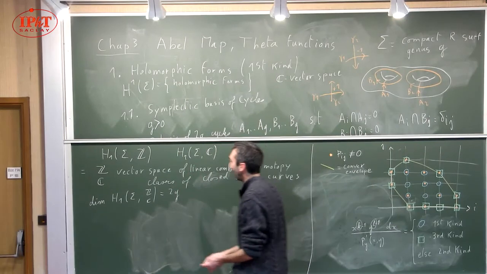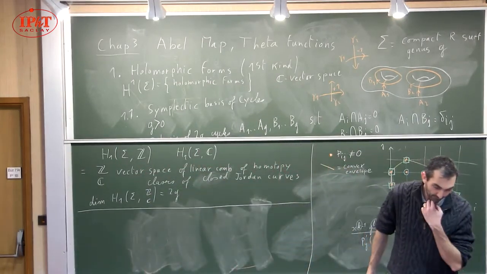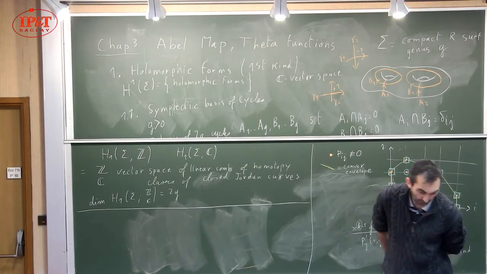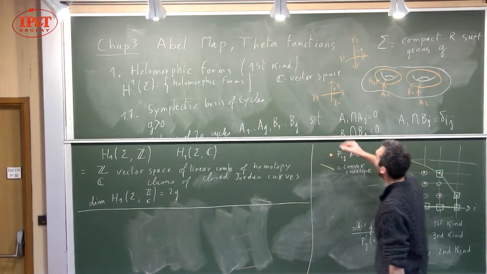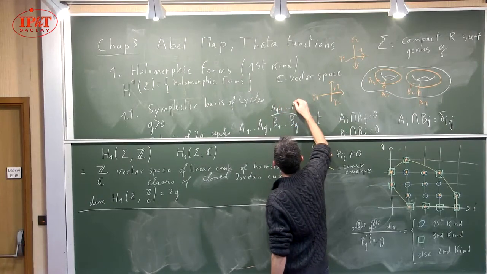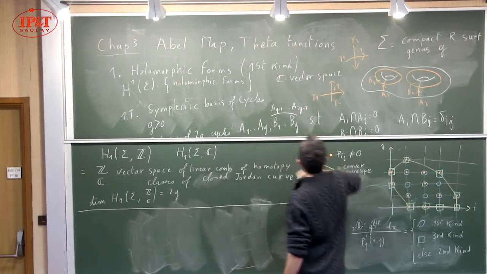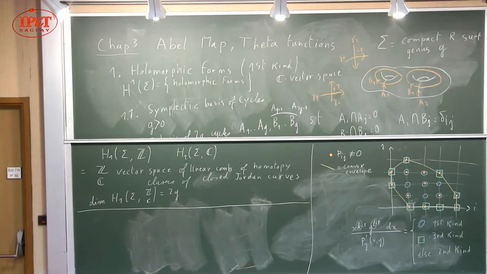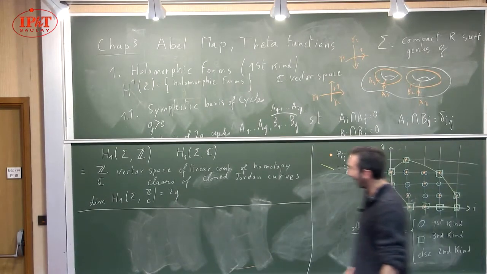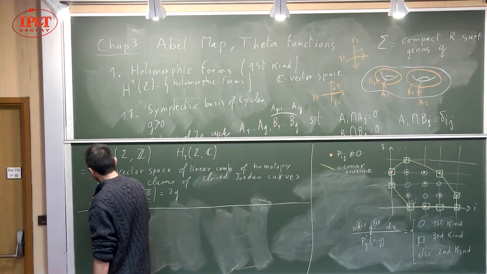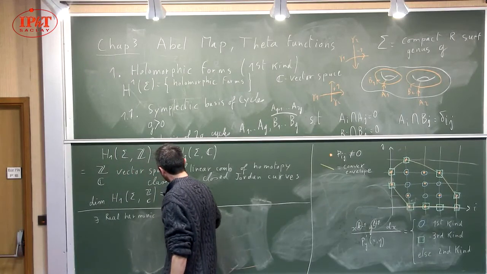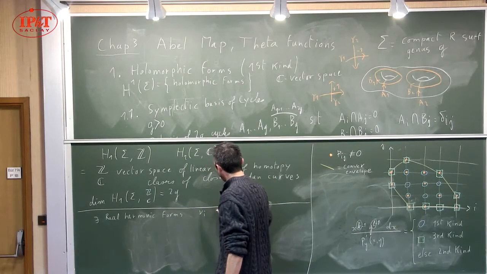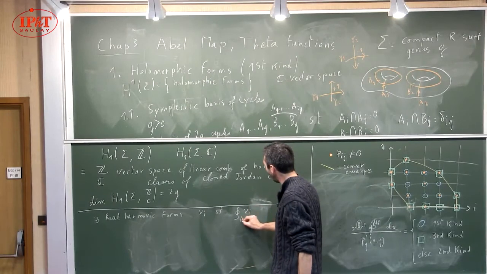So now notice I already told you that we have, let me call them a_{g+1}, ..., a_{2g}. First, we know from last time that there exist real harmonic forms mu_i such that the integral of mu_i over a_j equals delta_ij.